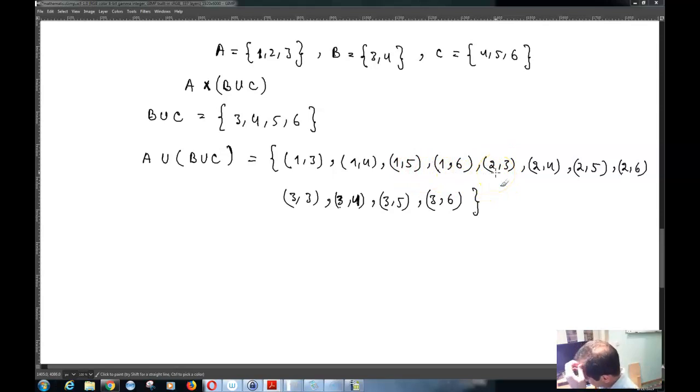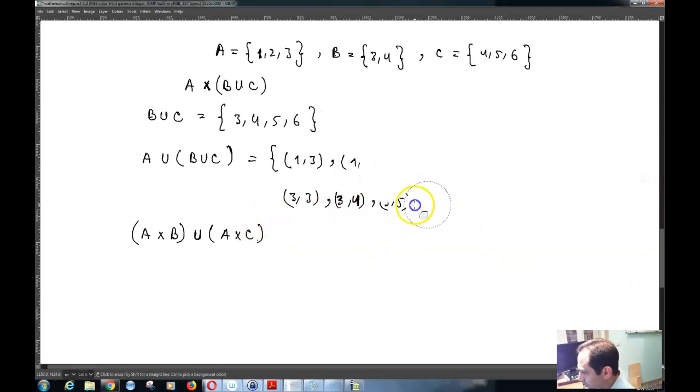Now suppose that you want to calculate the Cartesian product of A and B, union with the Cartesian product of A and C. In order to calculate that, first I need to calculate these two parts.